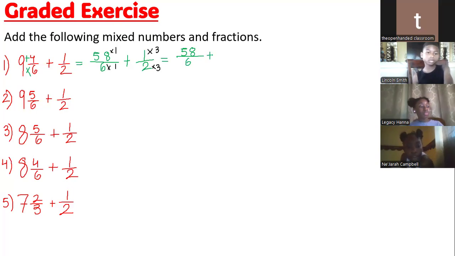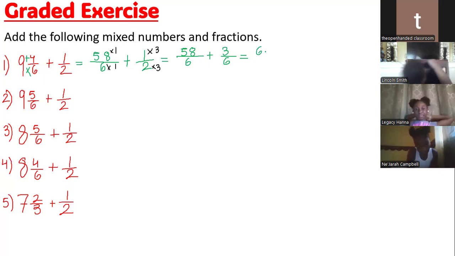1 times 3 is 3, and 2 times 3 is 6. 58 plus 3 is 61. It's going to be 61 over 6. And now it simplifies to what?